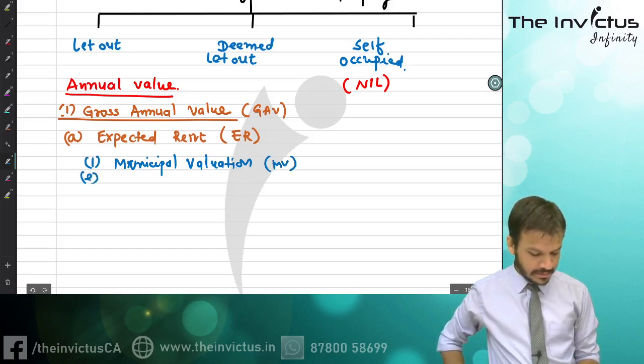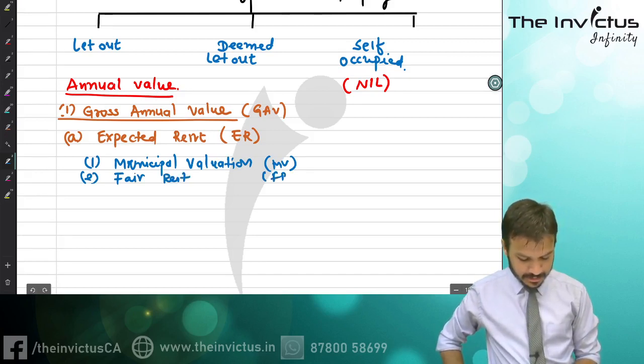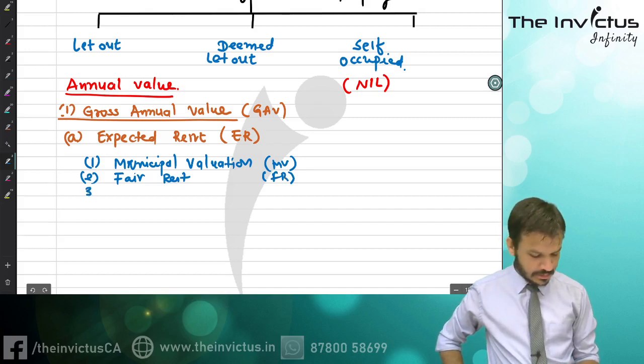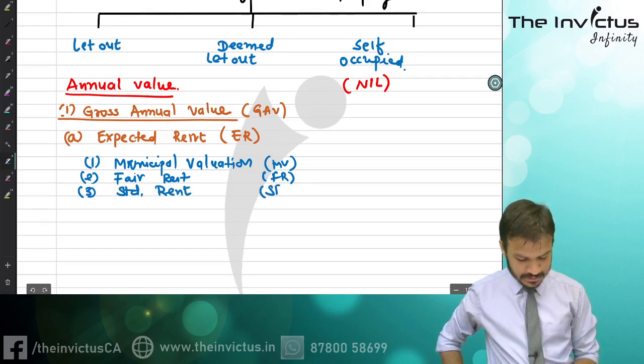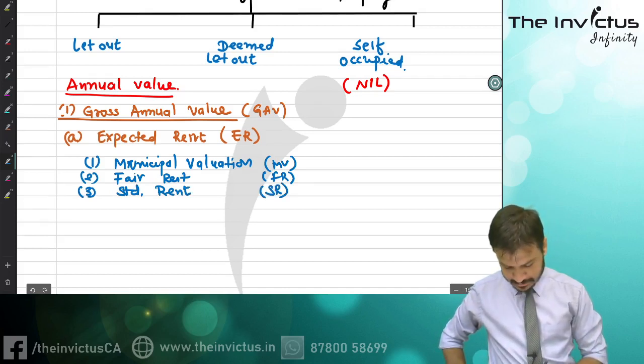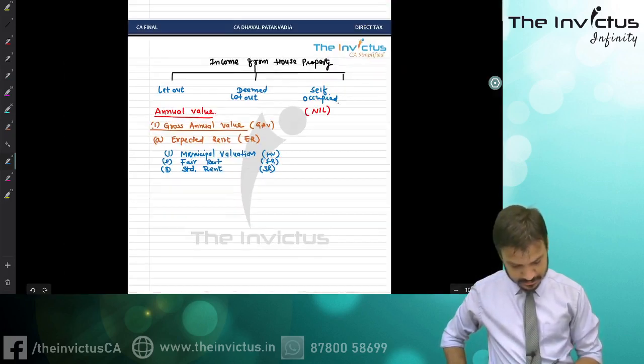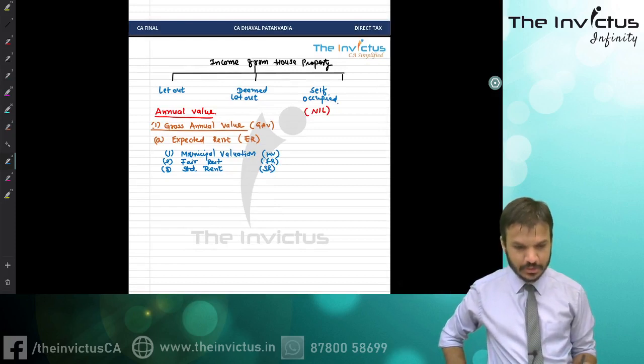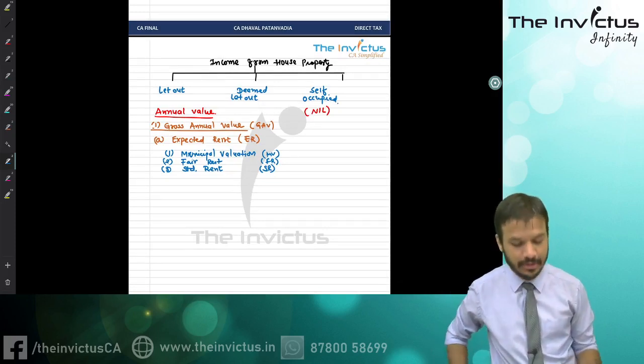Second, I will require fair rent, known as FR, and third is standard rent, known as SR. So MV, FR, SR, three things I require.